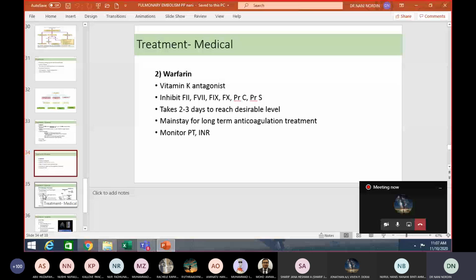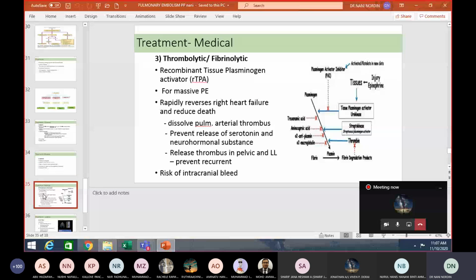For thrombolysis, thrombolytic treatment, you have learned this in cardiovascular, right? Streptokinase, your recombinant RTPA. Thrombolysis lyses the existing thrombus.